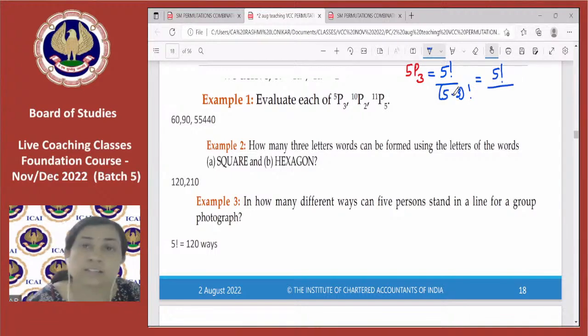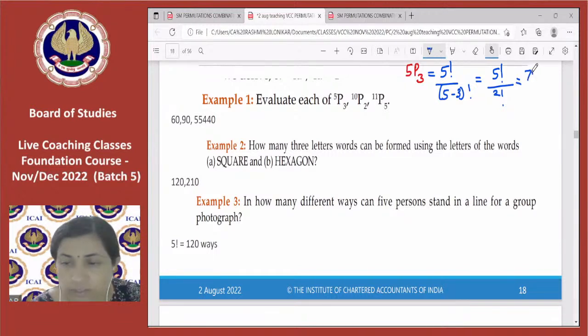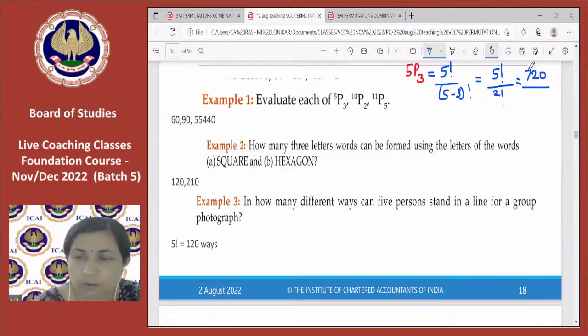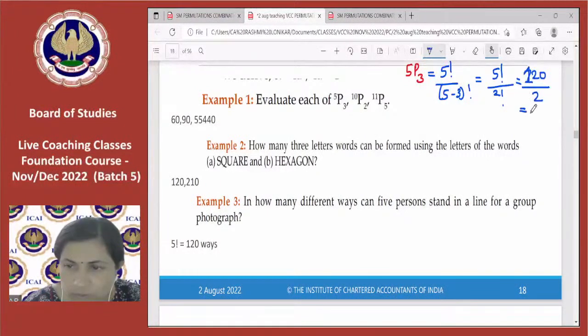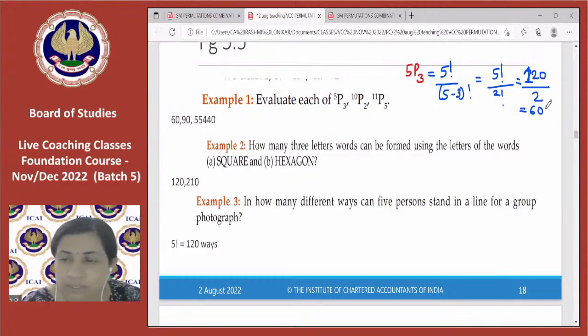BODMAS rule says that I will have to solve the bracket first. So 5 minus 3 is 2, so I will have 2 factorial. How much is 5 factorial? 120, sorry. And how much is 2 factorial? 2. The answer is 60. 5 factorial is 120 upon 2.